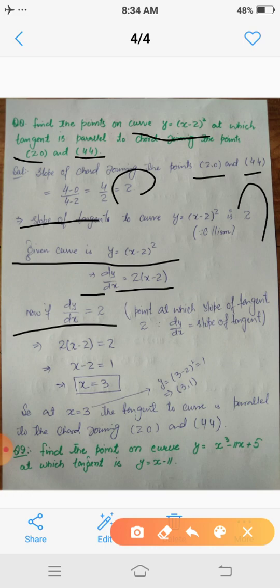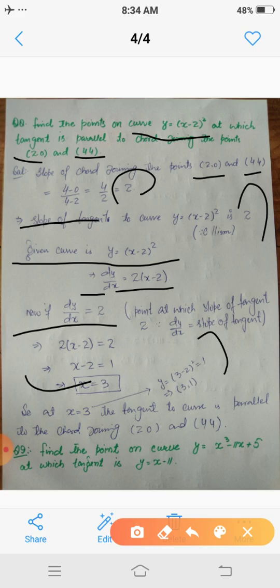When we substitute the value of dy by dx, we simply get x equals 3. When x equals 3, from the given curve we get y equals 1.